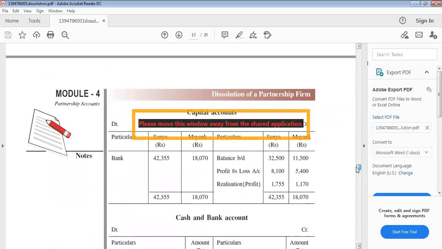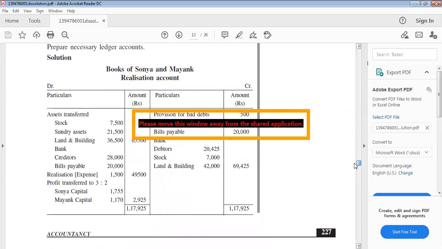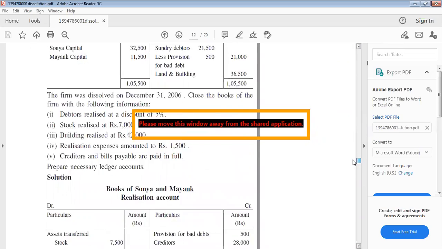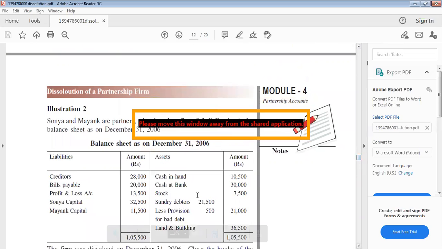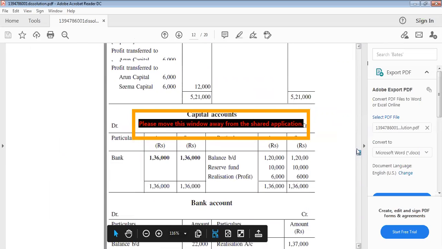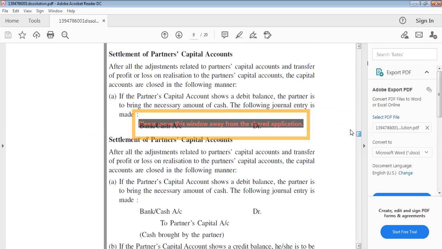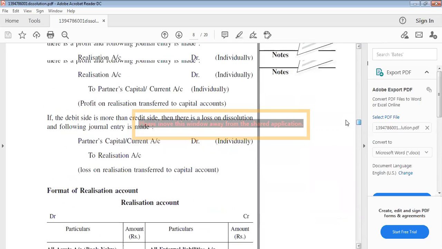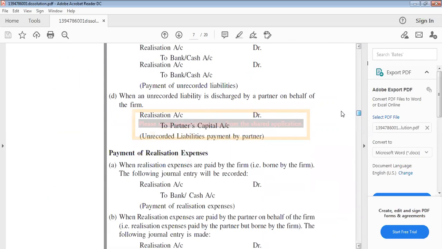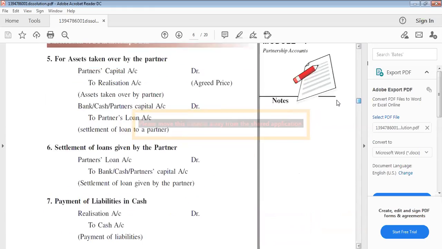Then I'll go to the profit and loss now. The profit and loss figure in the question was 13,500. Remember that we have said that general reserve and profit and loss are treated the same way. You remember that, right? See it here.